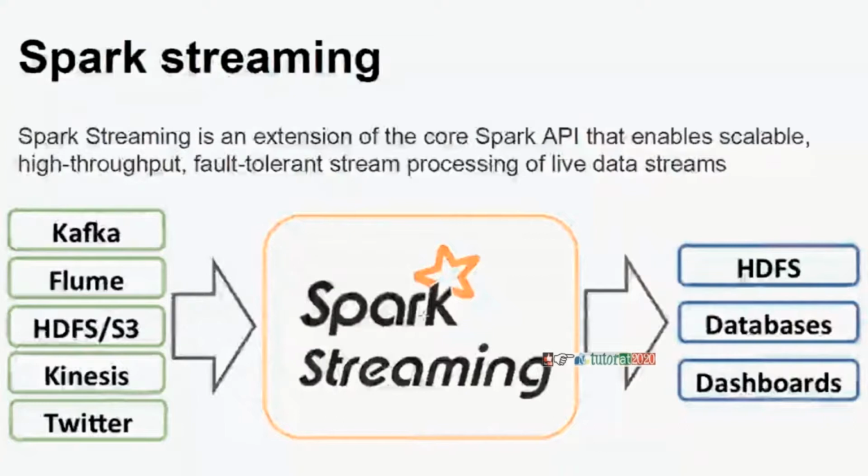Like you have Spark SQL, which is to process structured data sets in a paradigm like SQL and so on, right? So there is another higher level API supported in Spark, which is also very frequently used these days, which is called Spark Streaming.